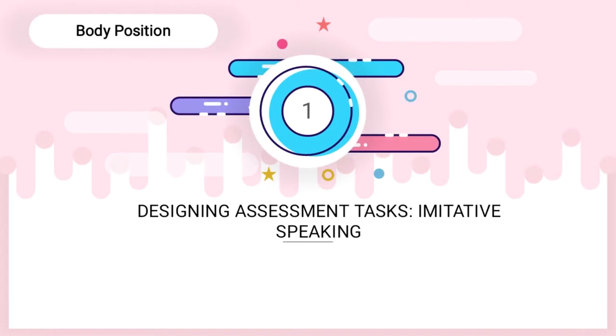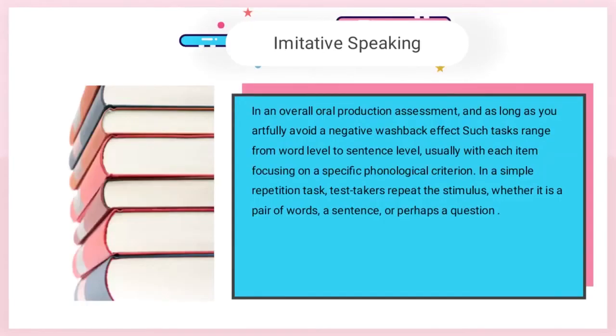The next is designing assessment tasks for imitative speaking. Imitative speaking can be included in an overall oral production assessment, as long as you, the teacher, artfully avoid a negative washback effect. Items range from word level to sentence level, usually with each item focusing on a specific phonological criterion, like in a simple word repetition task.